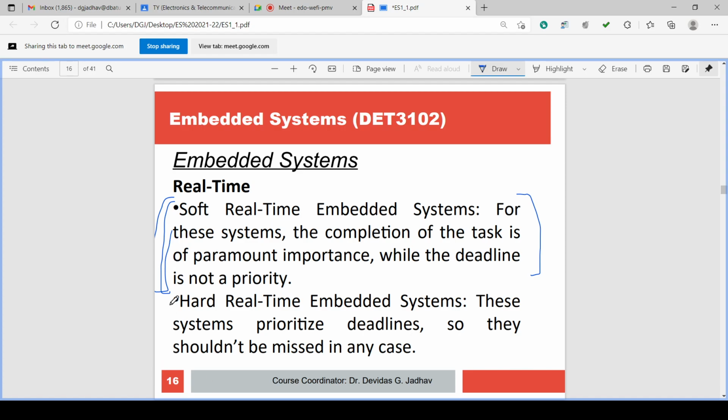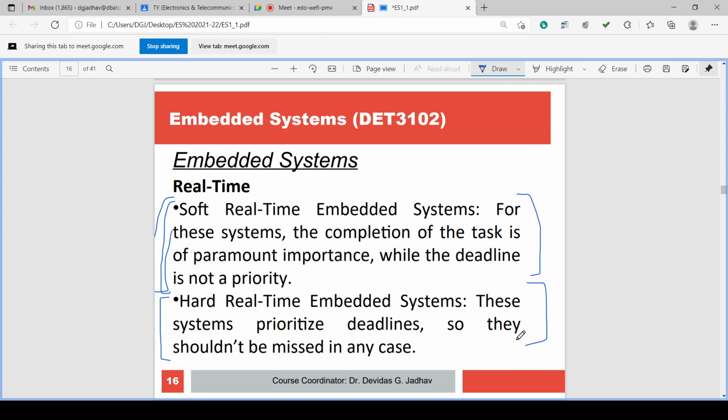Some applications require hard real time embedded systems. Those systems prioritize the deadlines and they should not be missed in any case, because the next action is dependent on completion of the first action. That's why the required actions must be completed before time or within time.